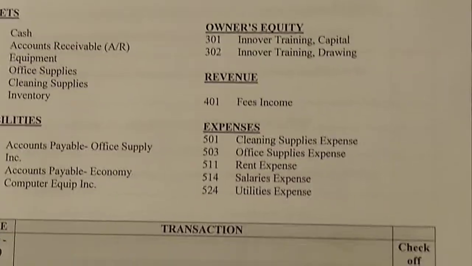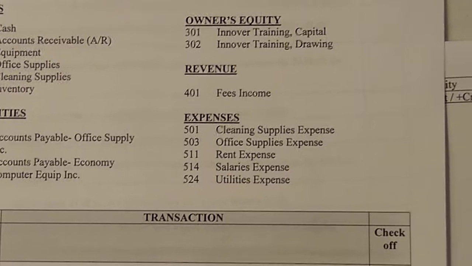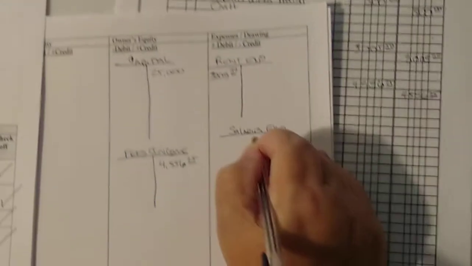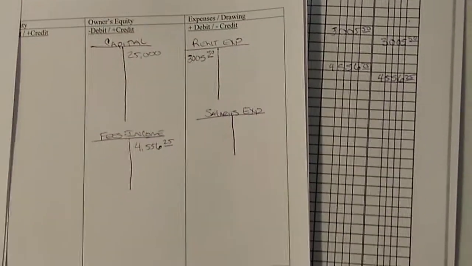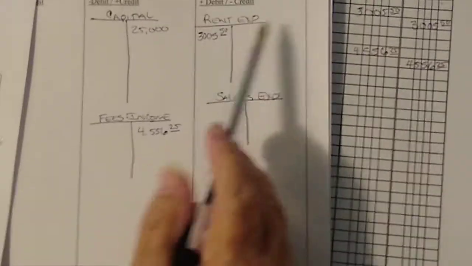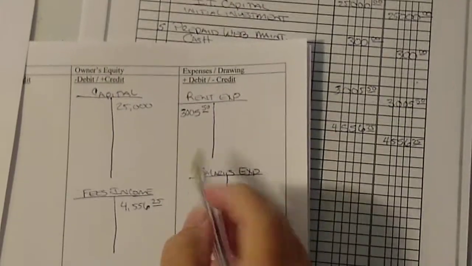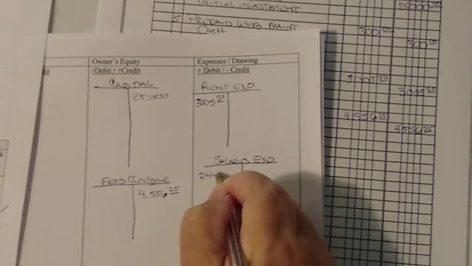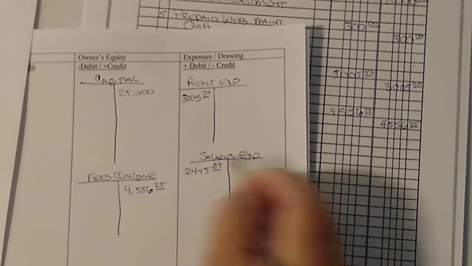So we're going to write over here, salaries expense. And we increase an expense account by debiting it. $2,445.89.